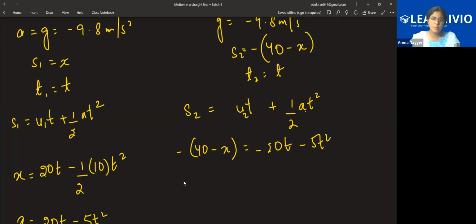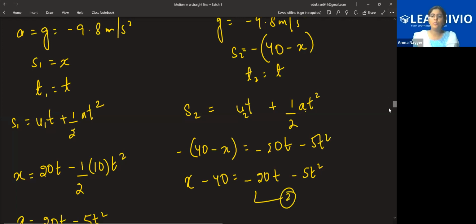So this would become minus 40, this will be plus X. So X minus 40 is equal to minus 20t, and see, this would become minus 5t square. This cannot be simplified further. So this is the second equation.